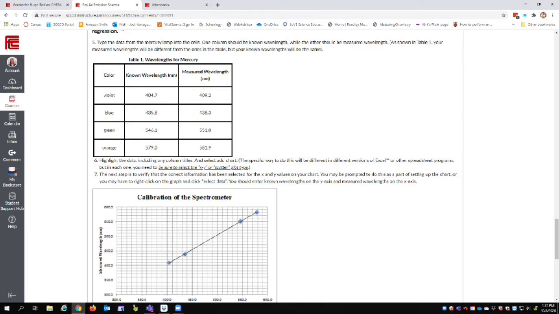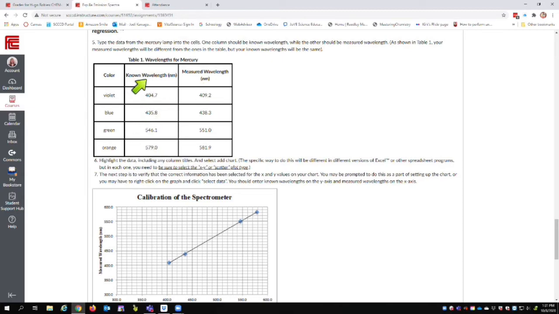And honestly, I think the best we could do on ours is 412 or something like that. So you're going to make a measurement here, and it's supposed to correspond with a known measurement here. And then you're going to graph the data here.